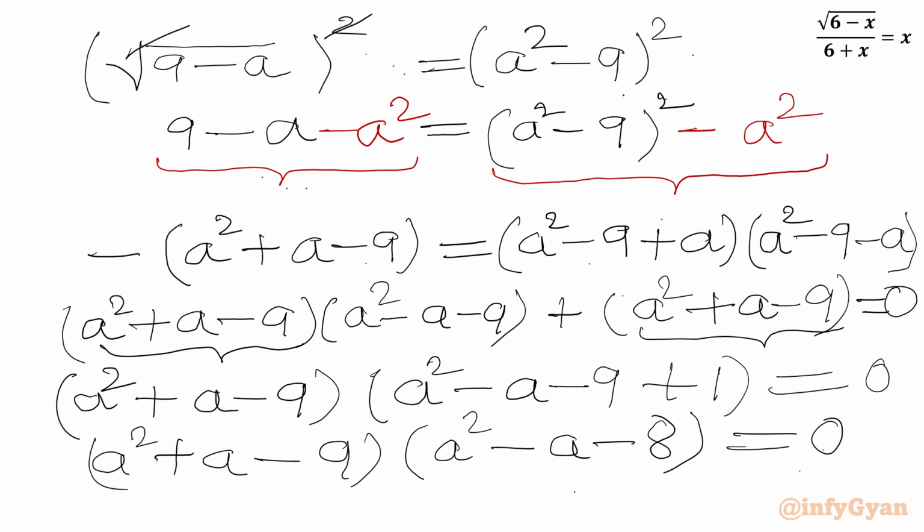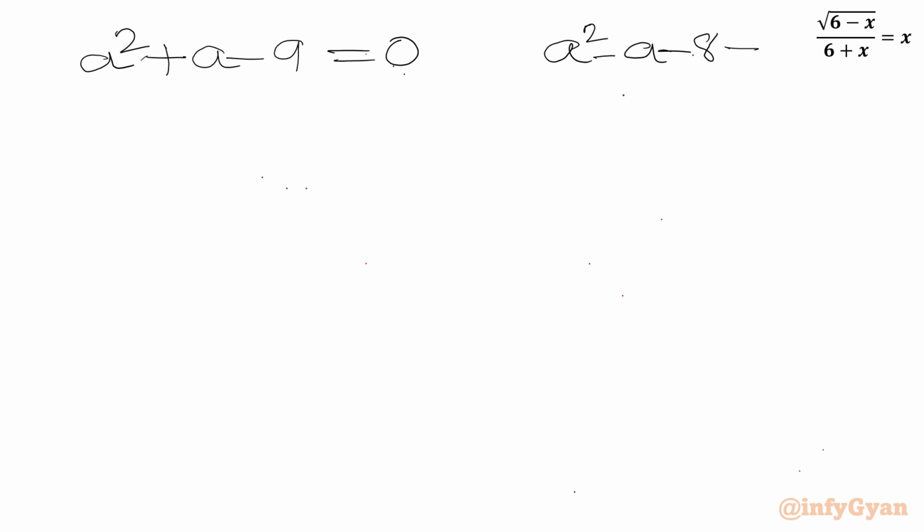Now we will apply product 0 rule. We will get either a square plus a minus 9 equal to 0, or a square minus a minus 8 equal to 0. Now we have two quadratic equations. We will solve using quadratic formula.